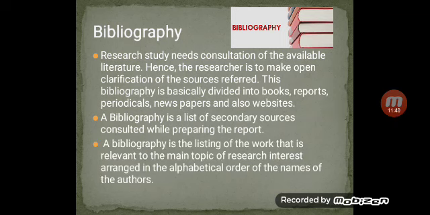A bibliography is the listing of works relevant to the main topic of research interest, arranged in alphabetical order of the names of the authors. When it is mentioned in the research or report, it will be in alphabetical order with the author name, the publication details and the page number, because if someone is referring, they have to get the adequate result.